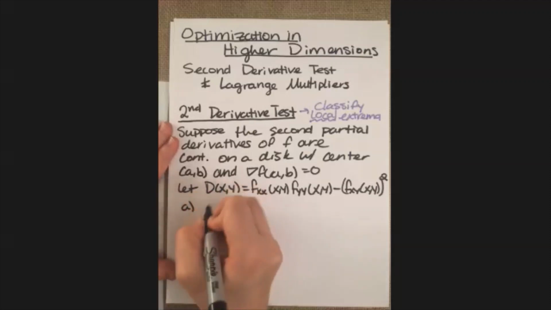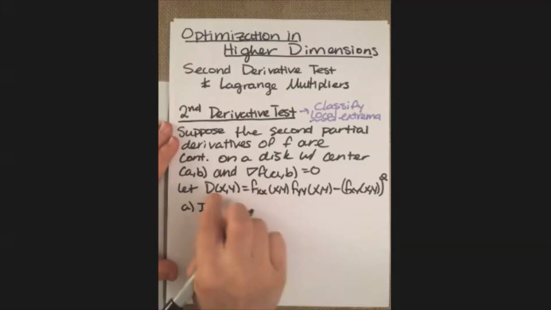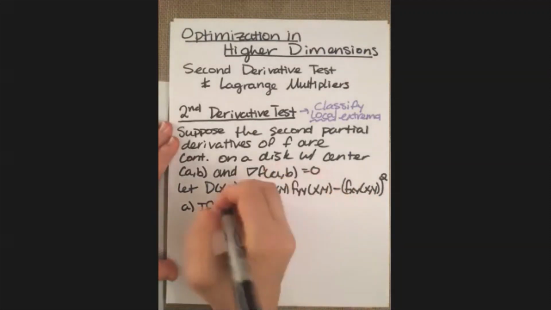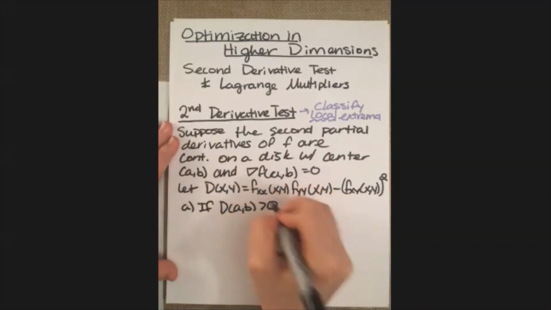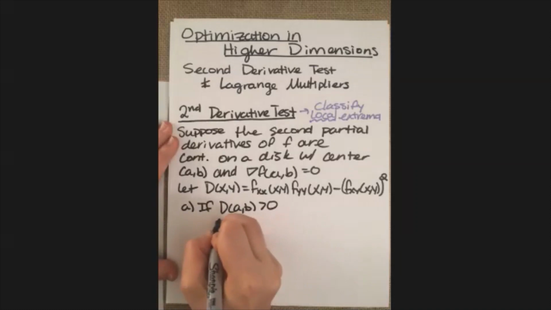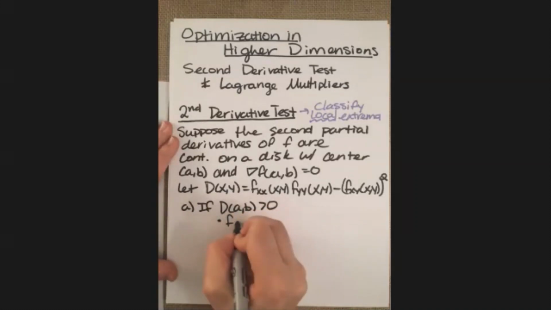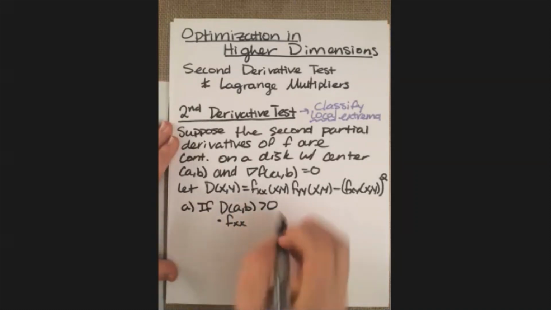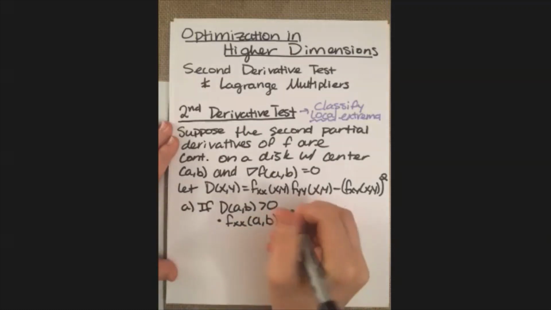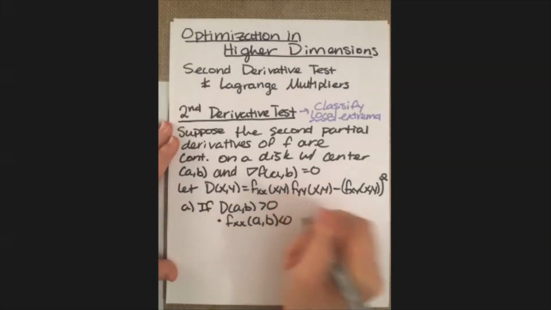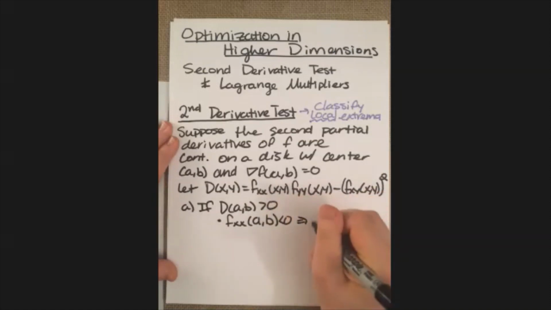The first case is that if this whole expression here is greater than 0, then we have two cases that we want to look at. We want to check to see if the second partial derivative with respect to x is less than 0. If that is the case, then we have a local max.